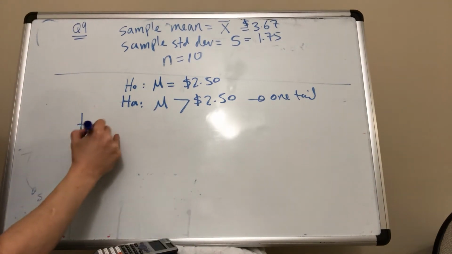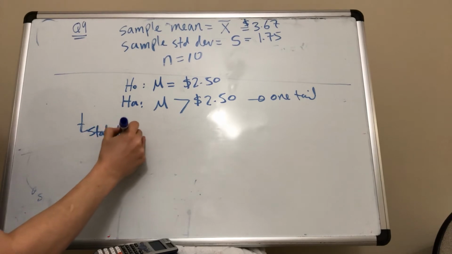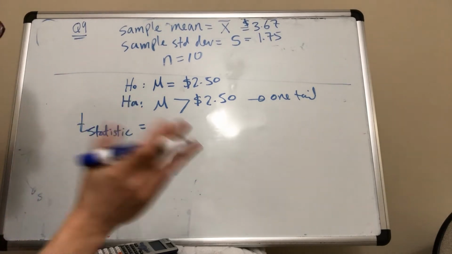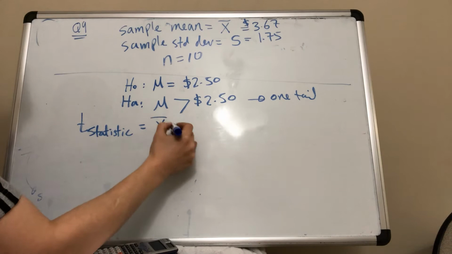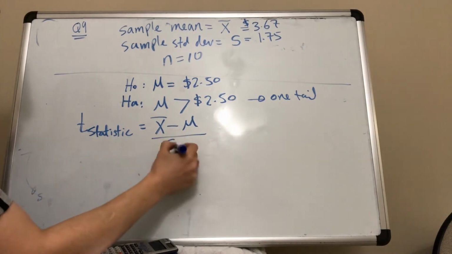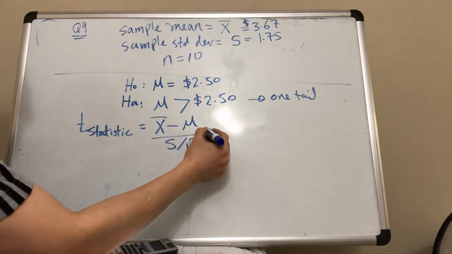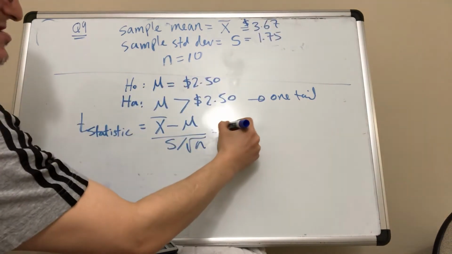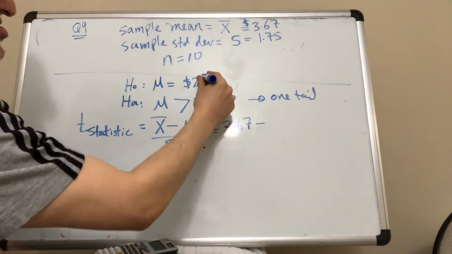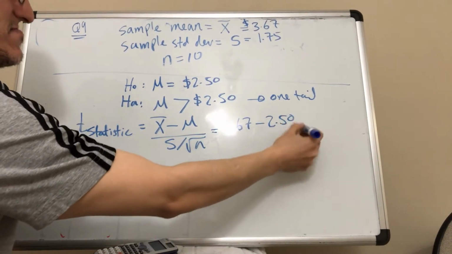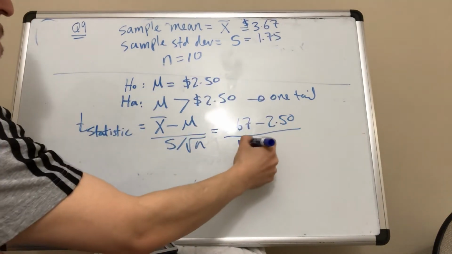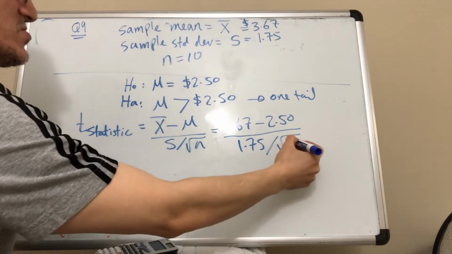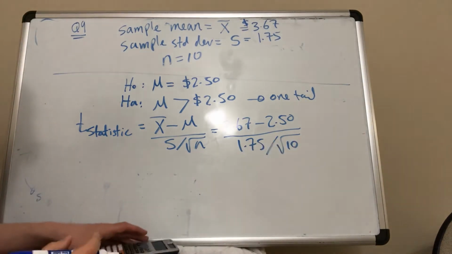The t statistic for one average would be x bar minus mu over s over the square root of n. X bar is the one given, mu is from the hypothesis, s is given, and it's the square root of 10.